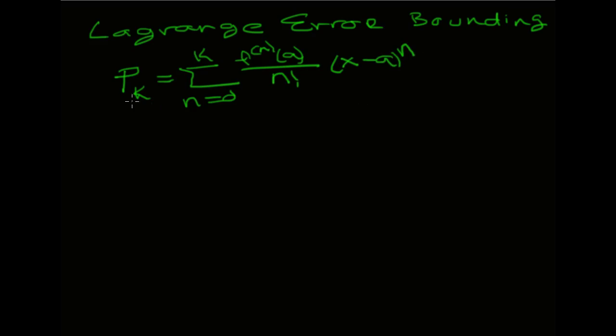Okay, so this is the kth partial sum. What I want is that if f of x is this series when I go to infinity, so that means I'm on the interval of convergence, then how close is the kth partial sum at x?